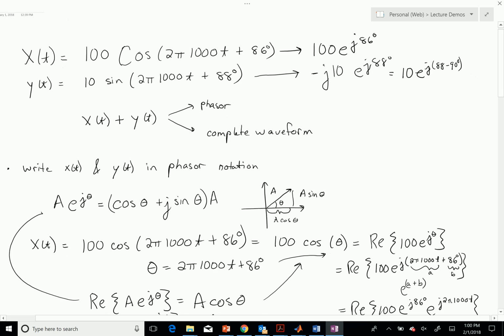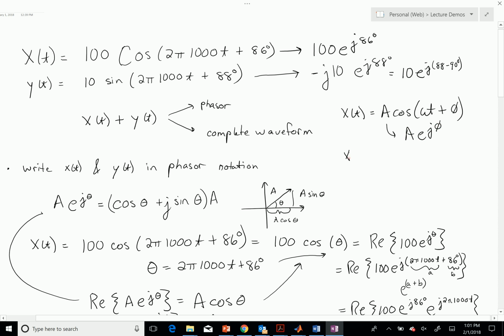So more generally, if I have x of t equal to a cosine omega t plus phi, my corresponding phasor is a e to the j phi.